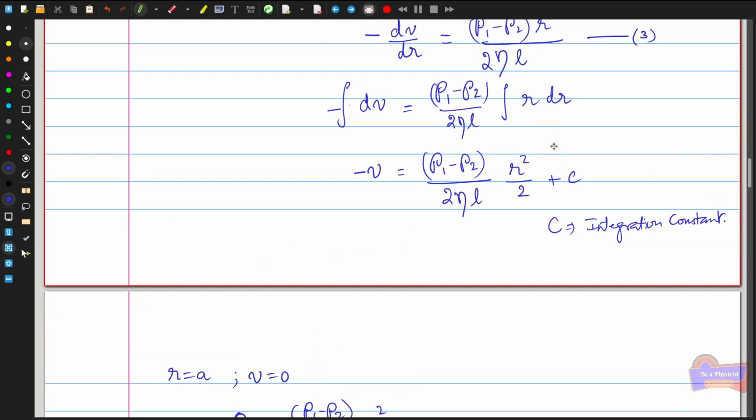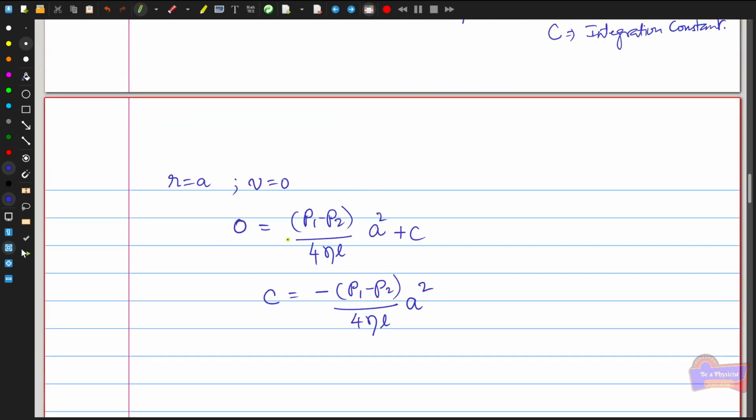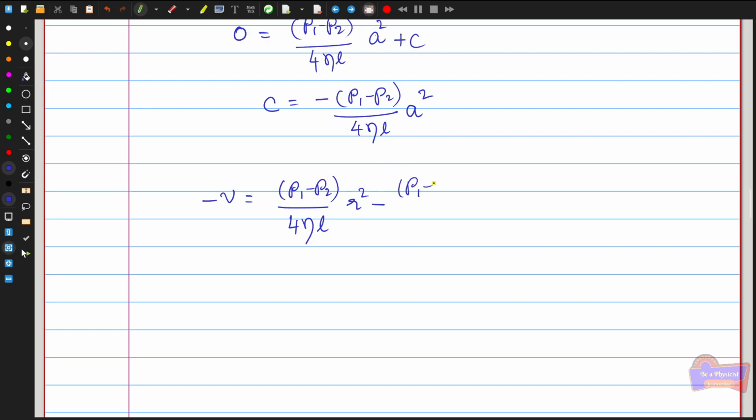So I can substitute this value of C into the fourth equation. I can write equation 4 as minus v equal to (P1 minus P2) divided by 4 eta L times r squared minus, because C has the minus sign, (P1 minus P2) divided by 4 eta L times a squared.